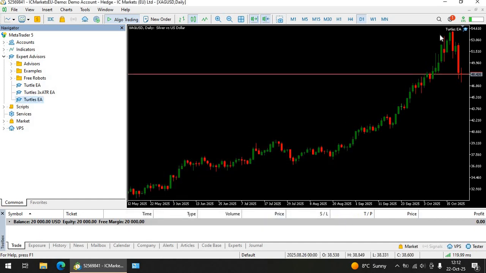Of course, on the chart you will see nothing, but the expert is working. If you want to see the levels, I have an indicator which is showing the breakout levels and trail stop levels. It's free. You can add it to your chart to see visually where the trail stop currently is.